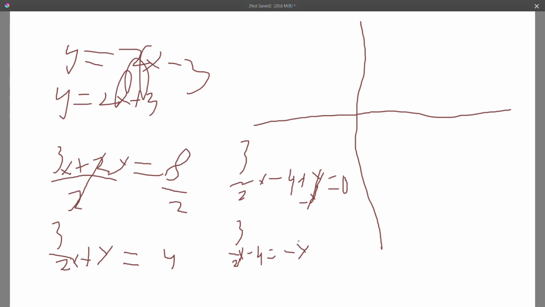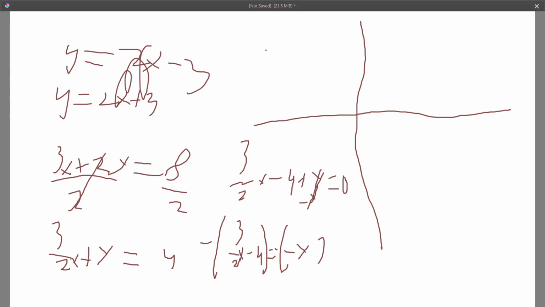We still don't have the slope here. Now, it has to be equal to y, not minus y. So we could multiply by minus on both sides. So multiply by minus here and here.